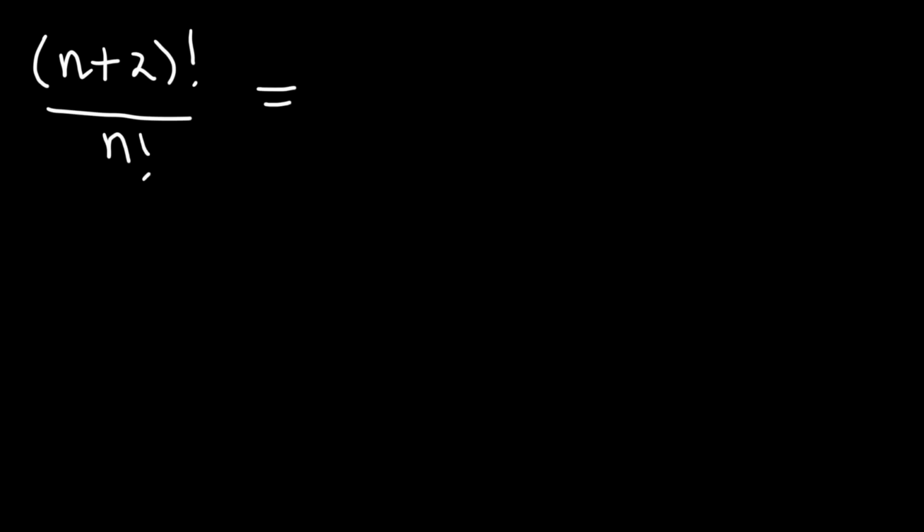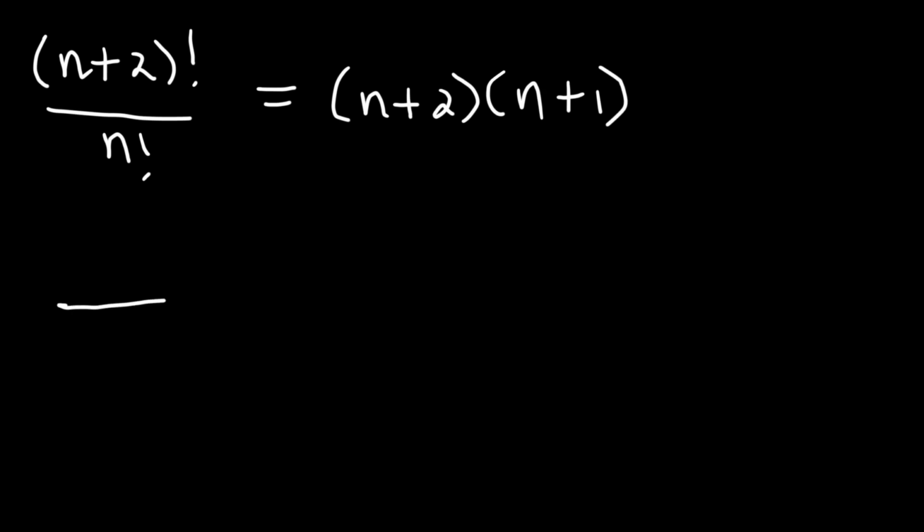Now let's say we had n plus 2 factorial divided by n factorial. This will be equal to n plus 2 times n plus 1. Let's take an example. Let's say we have n equal to 5, so this will be 5 factorial, and then n plus 2 will give us 7, so this will be 7 factorial.